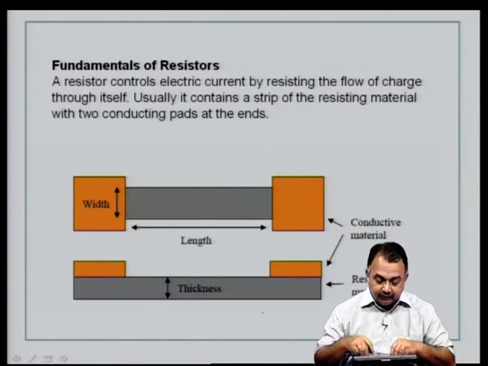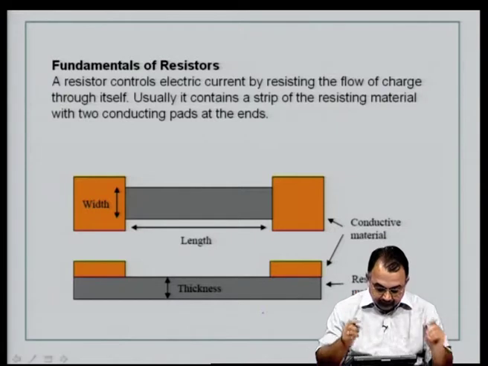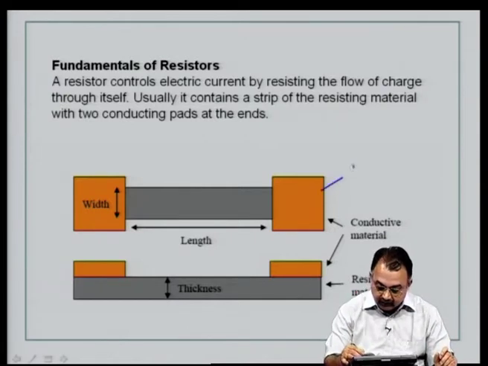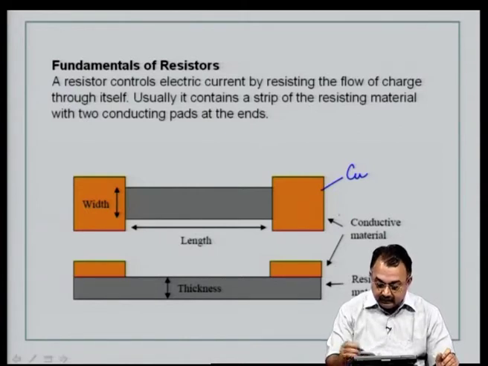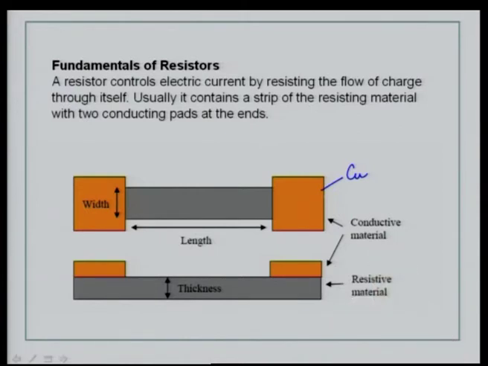So, basically what you are seeing here is a conducting material like copper, which is connected to the rest of the printed wiring board or solder joint using solder paste, material reflow, wave soldering process and so on. And then the key issue here is the length of the resistor strip and the thickness. This is going to be a key issue in designing embedded passives.